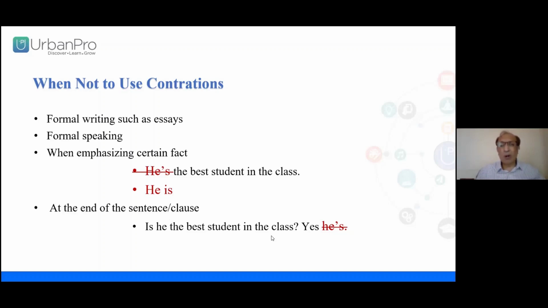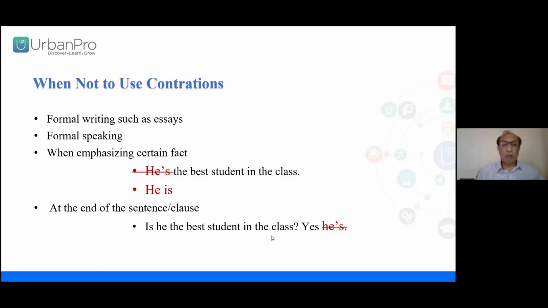Okay, so avoid unconventional contractions in formal speaking. Specifically, avoid using slang like wanna, gonna. People may be inclined to use wanna go, gonna be there. So avoid using them in formal speaking.